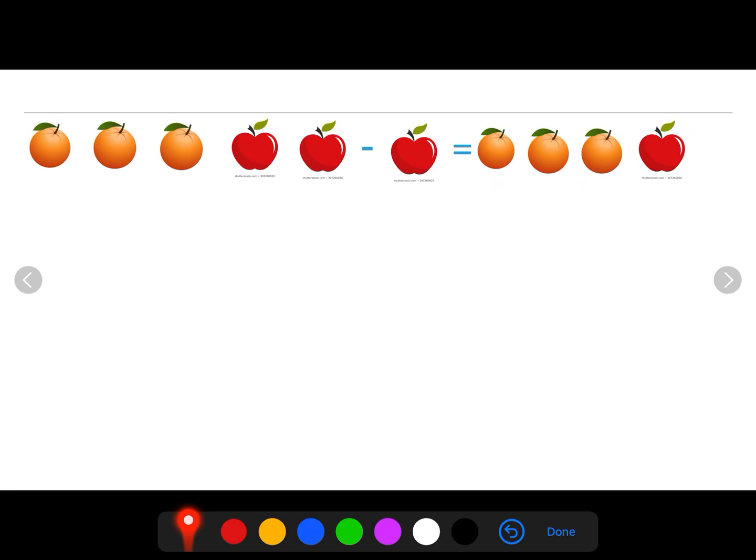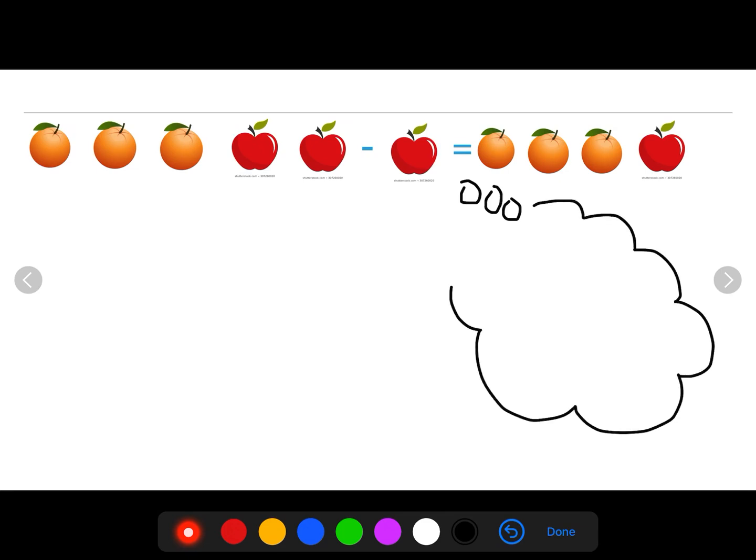But guys, let's think about this with numbers. What if each orange represents 1 whole? So 1 orange equals 1 whole. And what if I want those apples to represent 1/3?